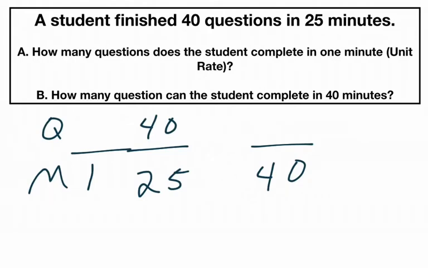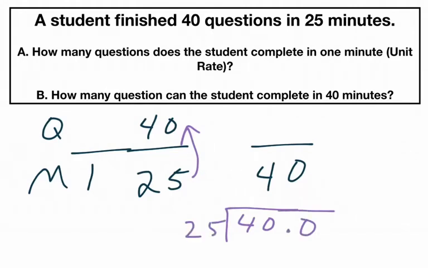So for unit rate, what you would want to do right over here, there's not a real clean relationship between 25 and 40. So you can find the unit rate by dividing 40 by 25. And I can make it 40.0.